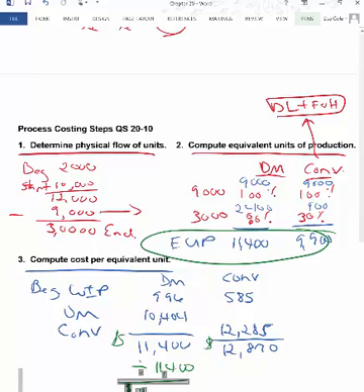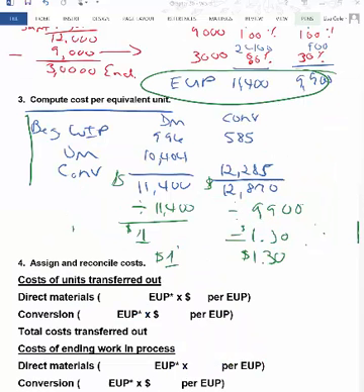And then I take my total conversion cost of 12,870 divided by 9,900, and I get a per unit cost of $1.30. I'm not sure why it's blocking out. Okay, so my cost per equivalent unit for direct material is $1, and for conversion cost is $1.30.